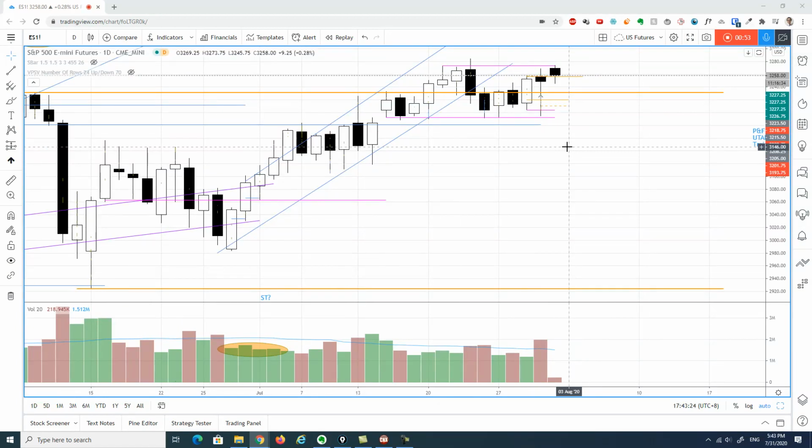Yesterday, S&P 500 futures had a very meaningful day. Why is that? As you can see here, we have a very long demand tail, as shown in this daily chart, and that comes with increasing volume.